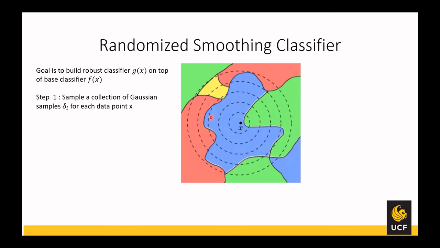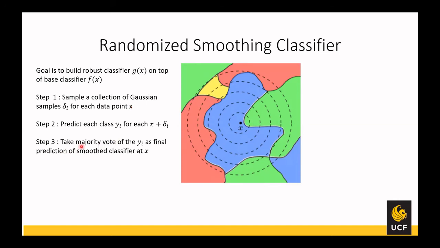So for each of the Gaussian noise perturbed images, that is X plus its Gaussian noise, we collect the prediction from the trained classifier F of X. And then we take the majority vote, that is whatever class gets the majority of the vote will be our final classified class, the final output. So instead of giving F of X's output at a single point, we take samples of these different points, and we estimate the result based on that. That's also called Monte Carlo sampling.